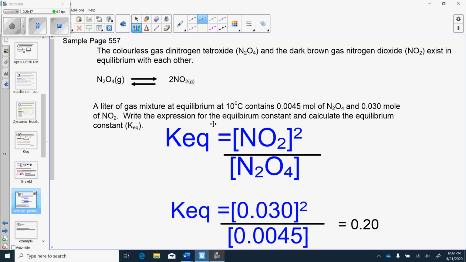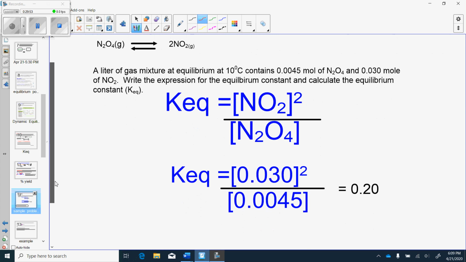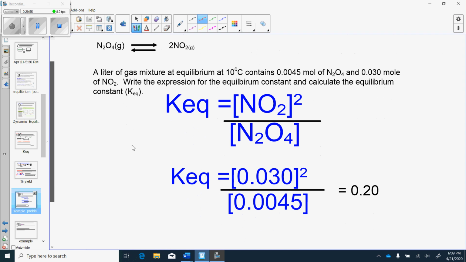So this is the equilibrium expression before you put any numbers in. They've told me some concentrations at equilibrium: 0.0045 moles of N2O4 and 0.030 moles of NO2.